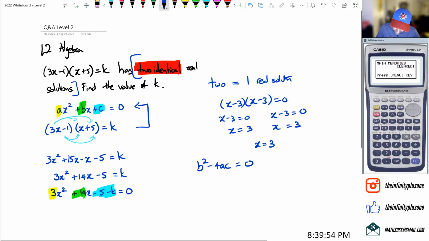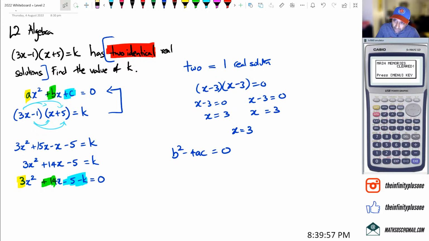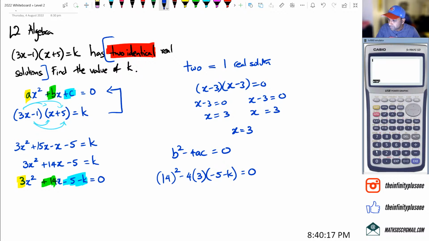And if that equals 0, then it's just a matter of substituting all of our b, a, and c. So we've got 14 squared minus 4 times a, which is 3, times c, which is minus 5 minus k, and all of that is equal to 0. Let's work this out. We've got 14 squared, that's 196, minus 12 times negative 5 minus k is equal to 0.